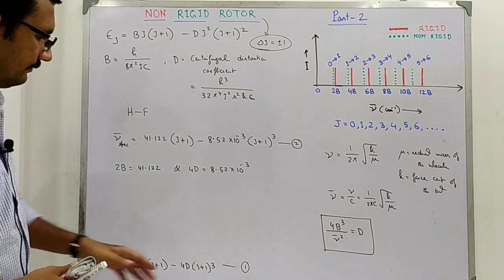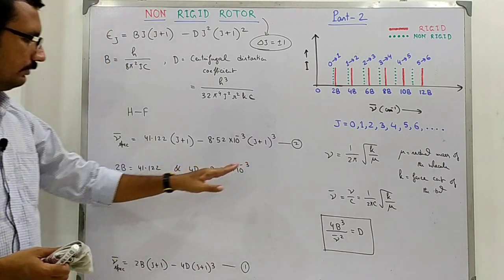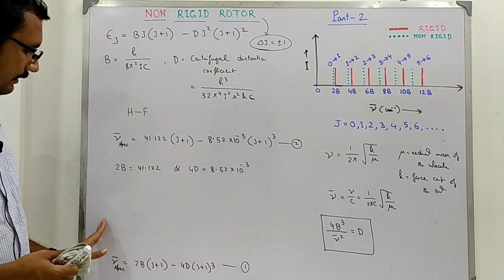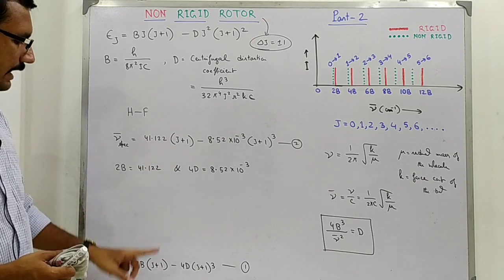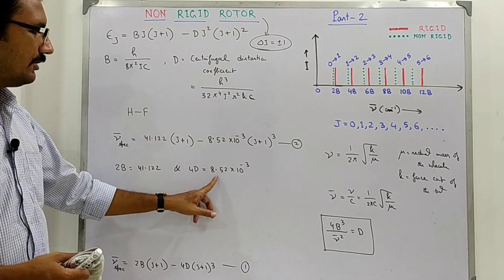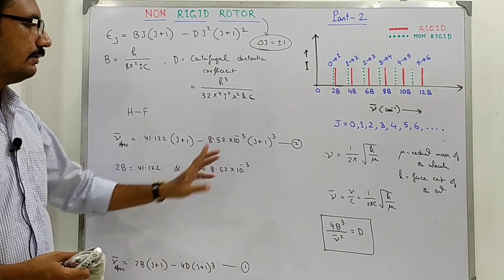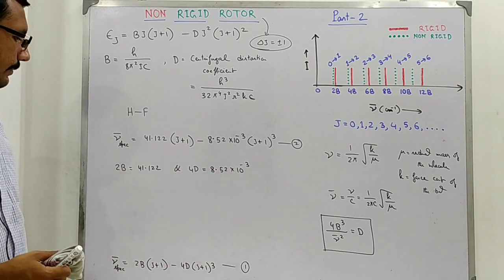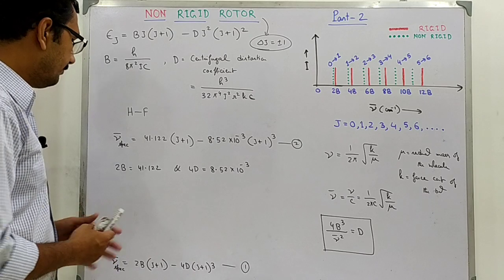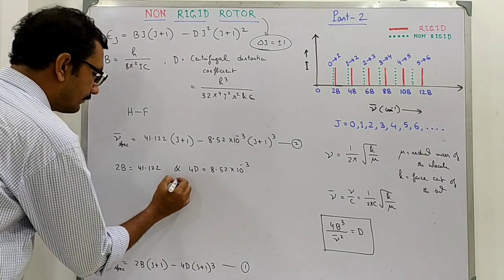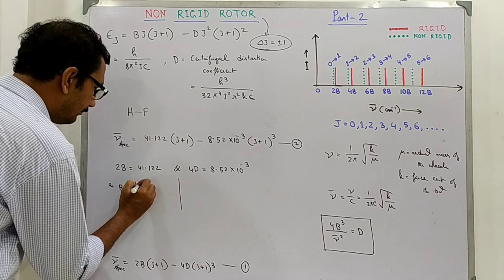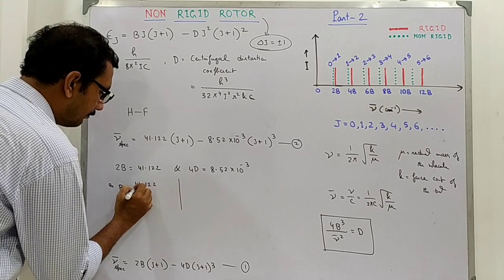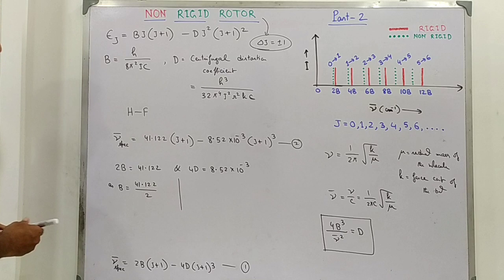Comparing equation 1 and 2, we can at a glance say that 2b equals 41.122 and 4d equals 8.52 into 10 to the power minus 3. So, what will be the value of b? b equals 41.122 by 2.